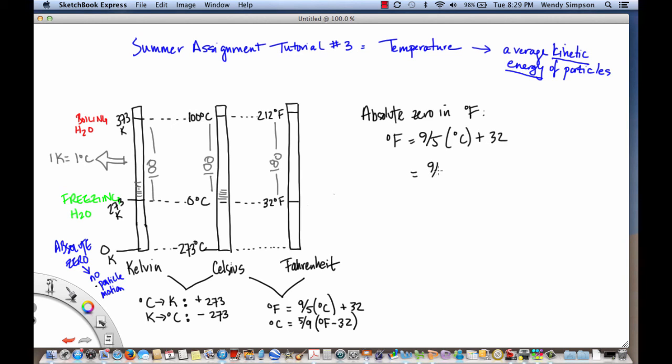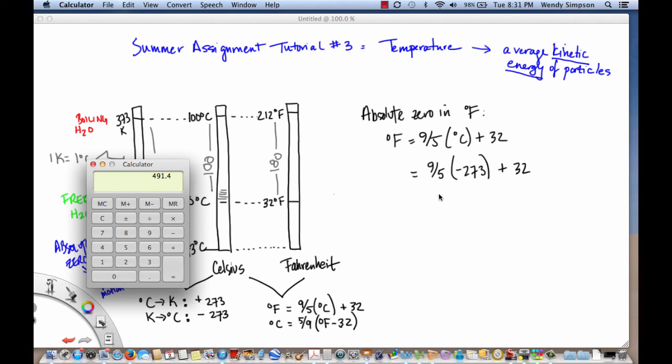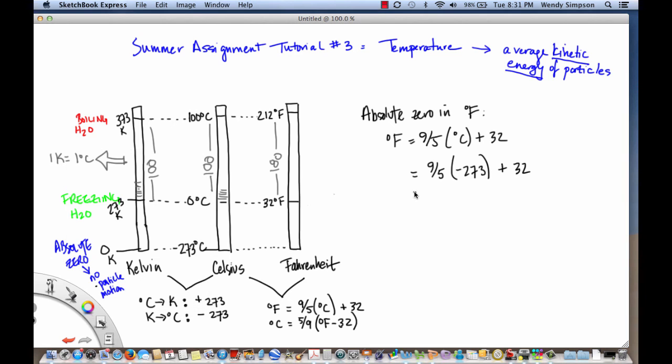So I have 9/5 times minus 273 plus 32. 9/5 is equal to about 1.8, so I'm taking 1.8 times minus 273 plus 32, and I can bring up my calculator.